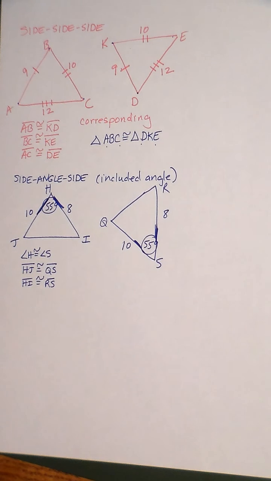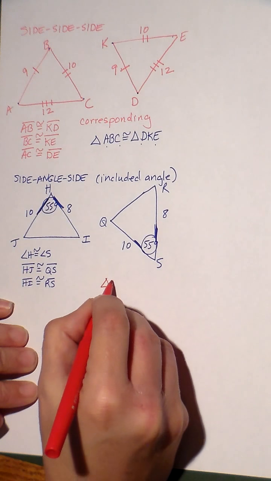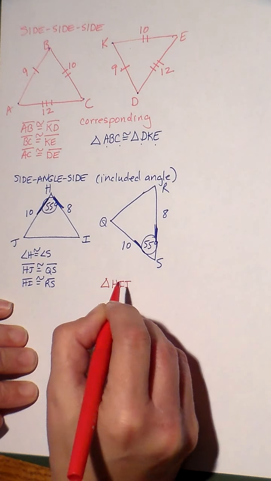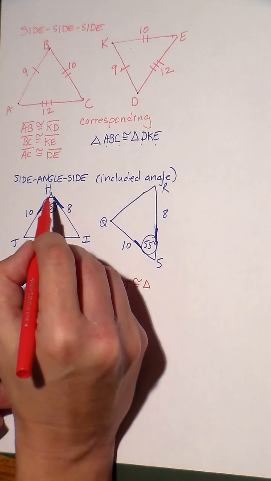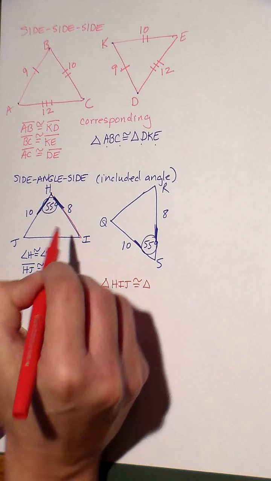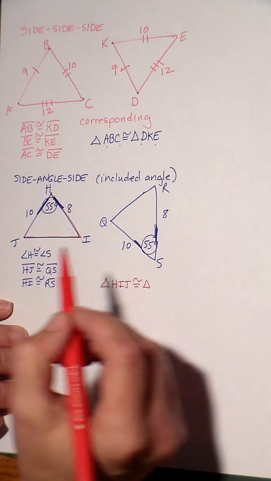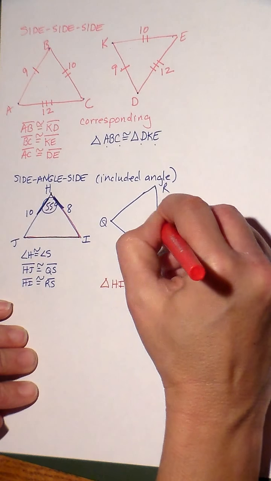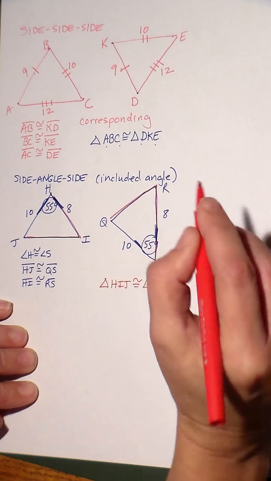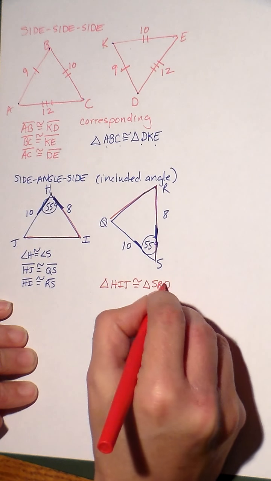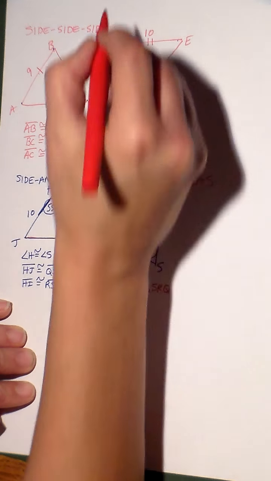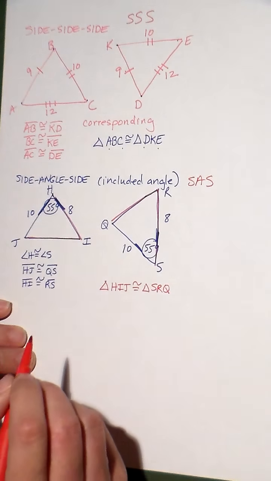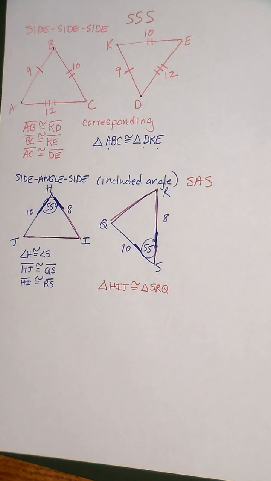So then I could say that triangle HIJ, if I went this way, I went from the 8 to the non-labeled side. So here I would have to go from the 8 to the non-labeled side. So it'd be SRQ, and that would be by side angle side. You can write that as SAS, just like side side side can be SSS. Okay? So that's side angle side.